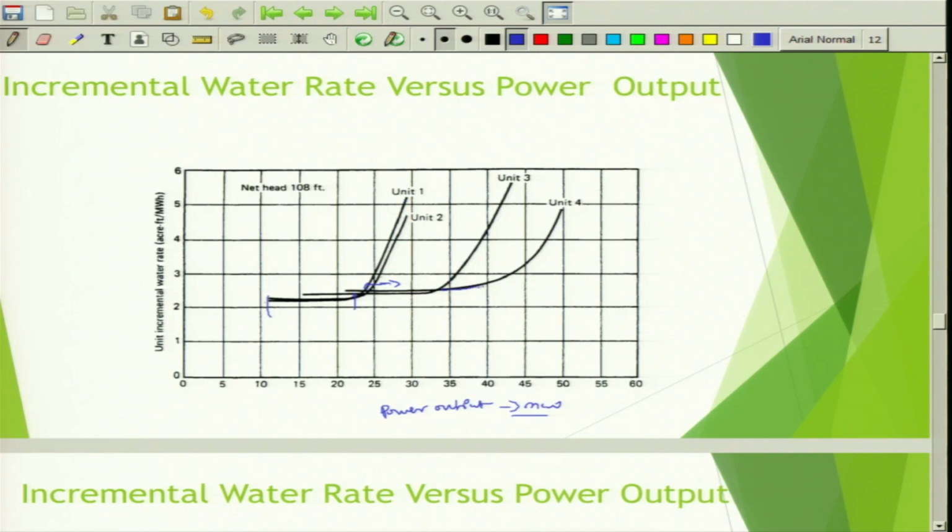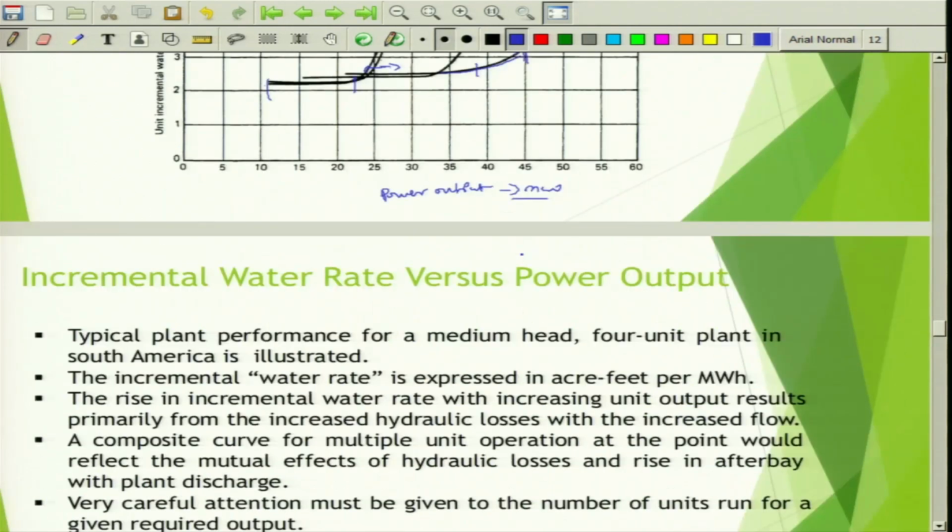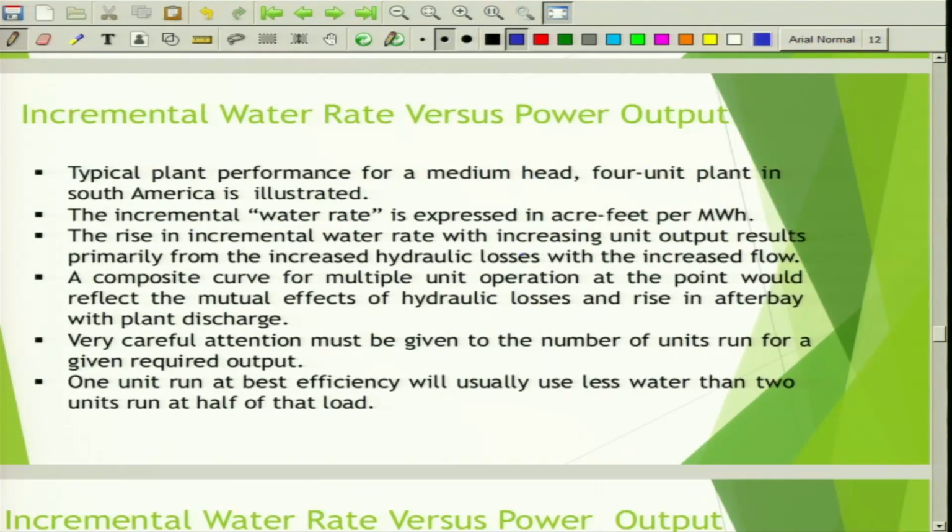But there are certain units you see here, it is not as large as in the case of unit 1. So that means the efficiency also matters between different hydropower plants. So considering all these hydropower plants put together is a very challenging thing. So I will discuss that right here.